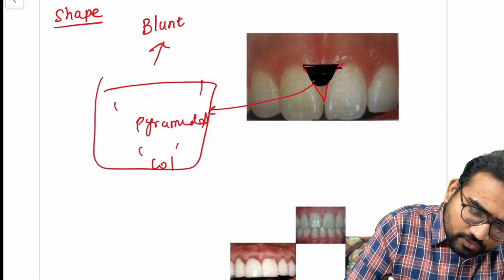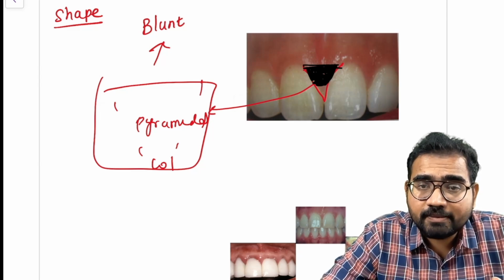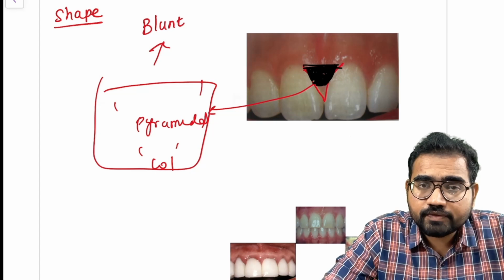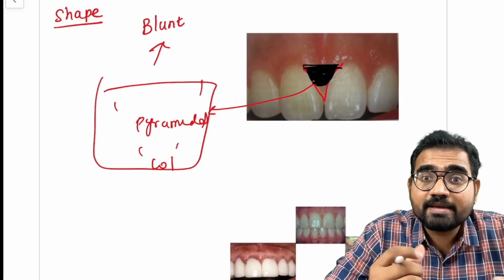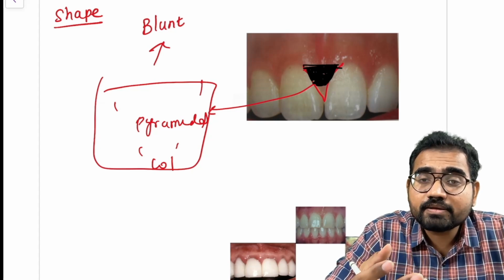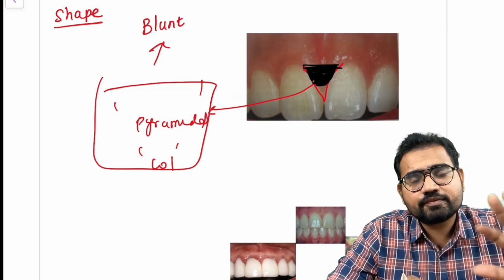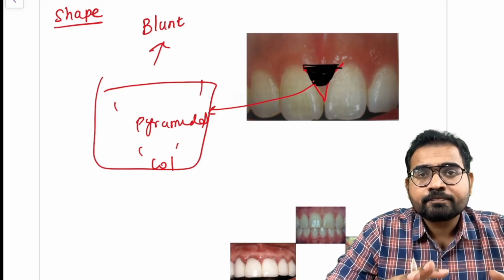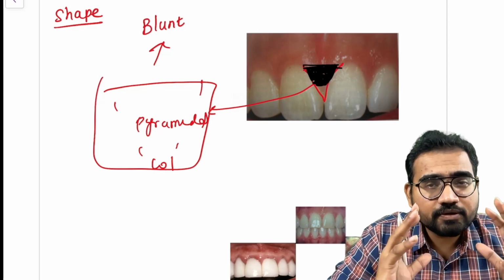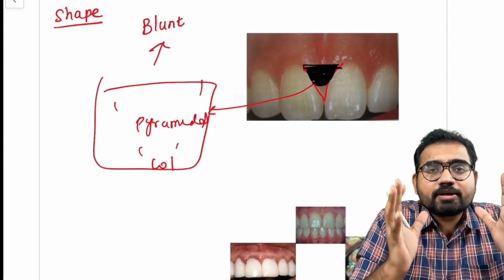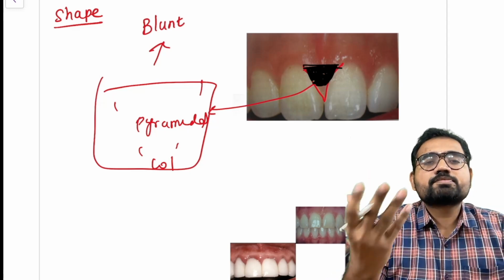In inflammation the shape becomes blunt because of the edema. Whenever there is edema, there is going to be loss of cohesiveness. I'll tell everything in the future chapters. So whenever the tissue is inflamed, there's going to be edema and loss of cohesiveness, so it will become more bulky, lose its shape, and that is why it becomes blunt.